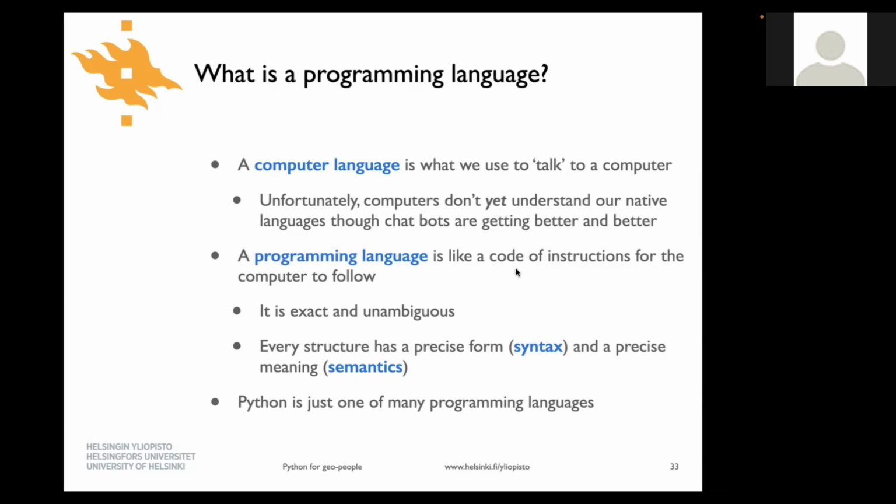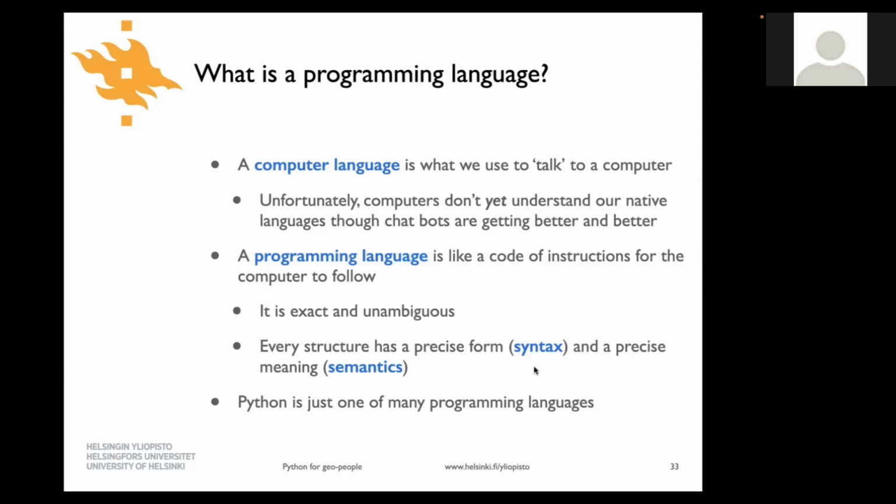A programming language is like a sort of code. It's instructions that we give to the computer that it can follow. A programming language is exact. So when you say to print something, there's no question what the computer is supposed to do. And it's unambiguous, meaning that everything in there is clear and precisely defined so the computer knows what to do. This means that every part of the programming language has a precise form, which we call syntax, and a precise meaning, which we call semantics.